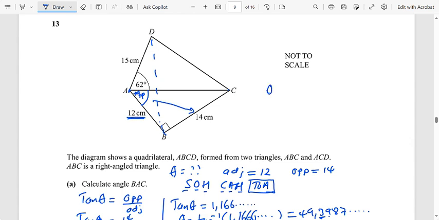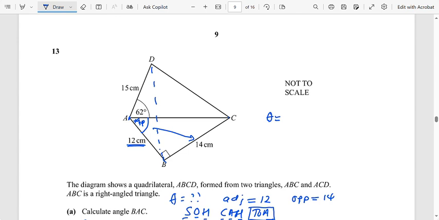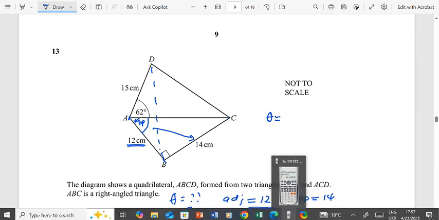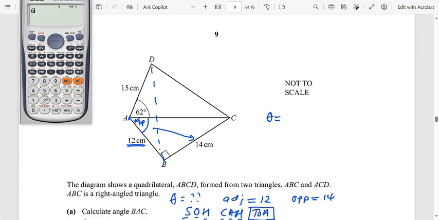So we can identify theta as 62 plus 49.4. So we have 62 plus 49.4 giving me 111.4.